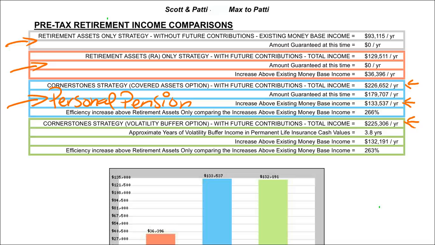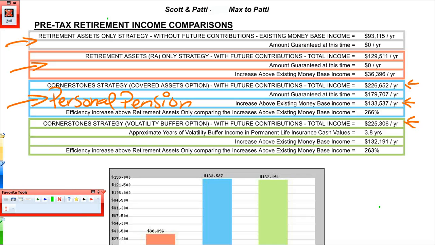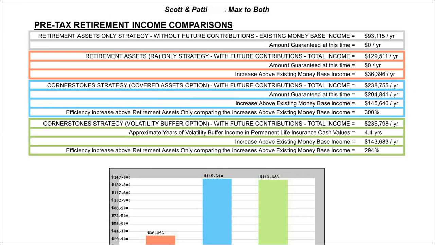As I analyzed this and realized that's a substantial increase by increasing the amount of life insurance leveraging, the balance of life insurance coverage on Patty, what would it look like if we put a maximum number on both? What would it look like if we increase the number for both? So of course we've got our baseline, and our retirement assets.